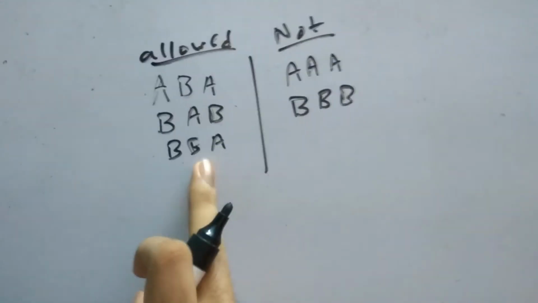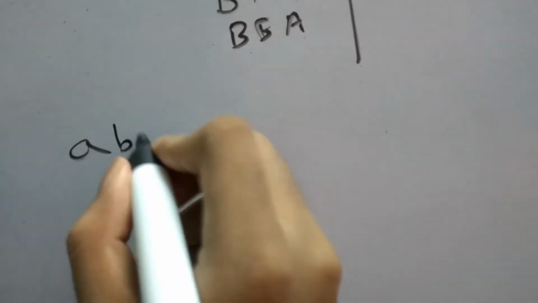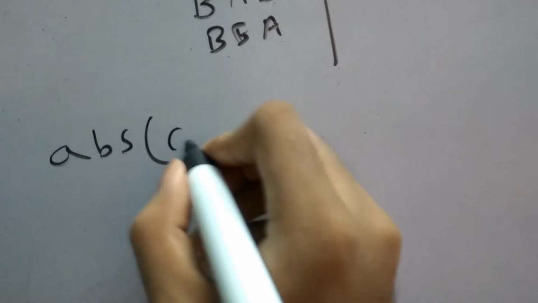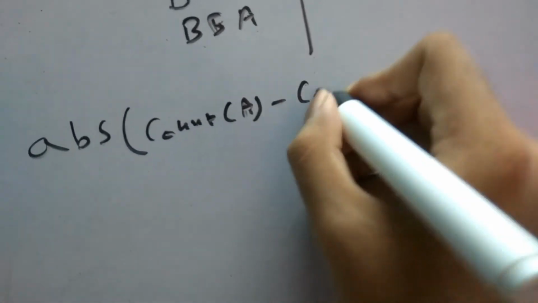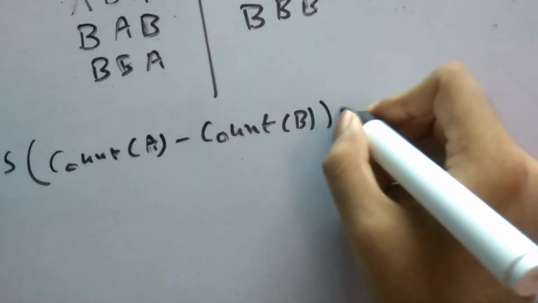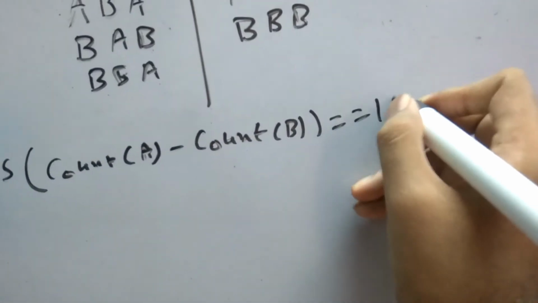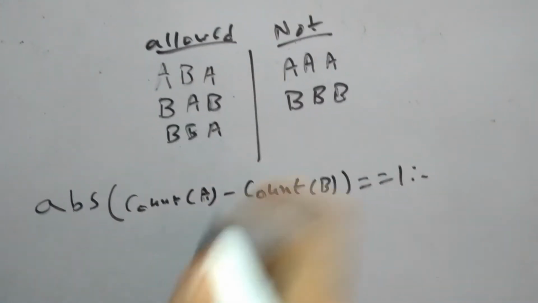So what are the allowed ones? We are only allowed if the absolute difference of count of A minus count of B equals 1, then only it's possible to fuse them.